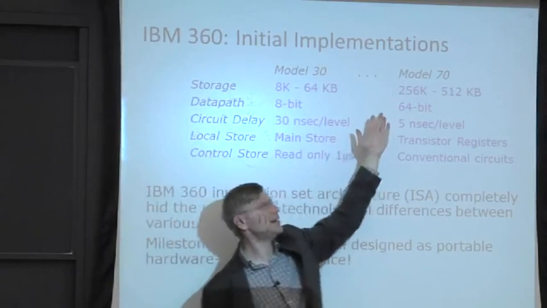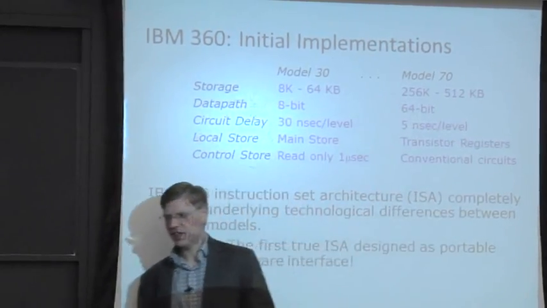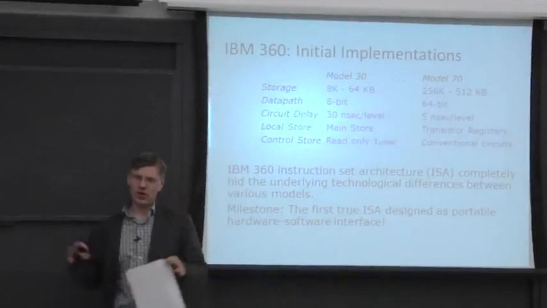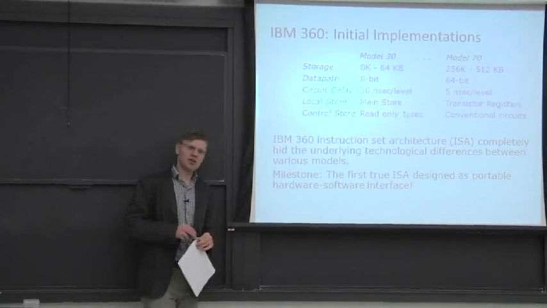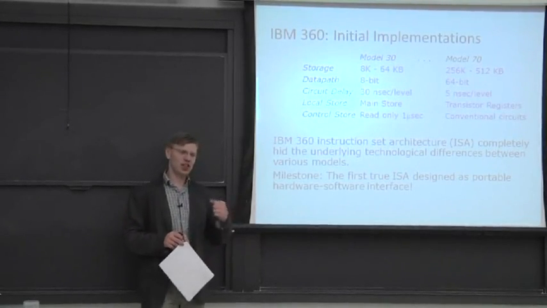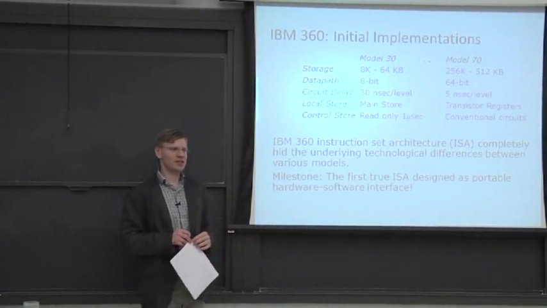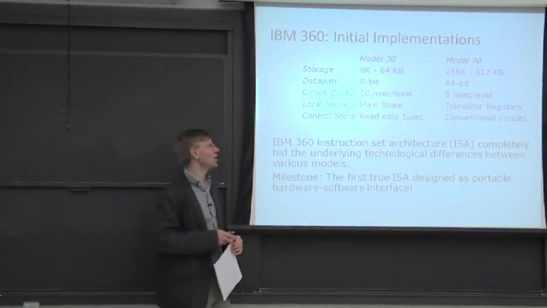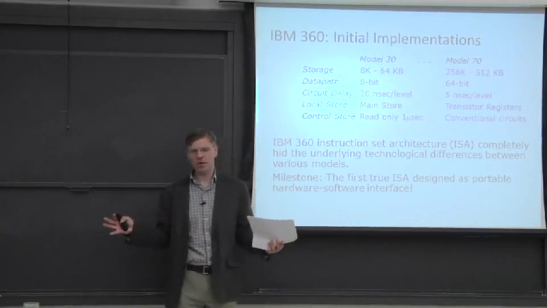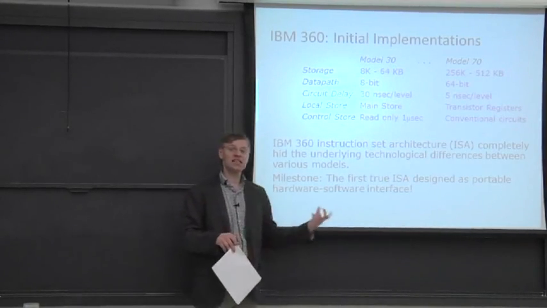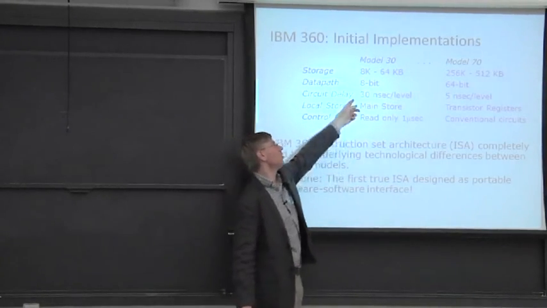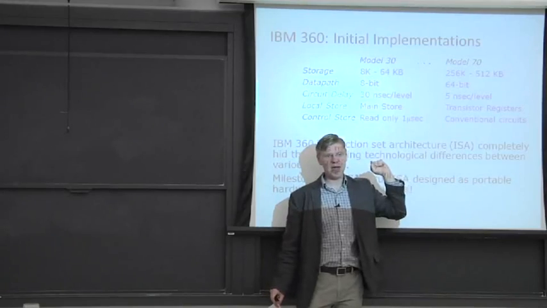And the high-end model had between 256 and 512 kilobytes. So very, very different sizes. What I'm trying to get across here is that microarchitecture can change quite a bit, even though the architecture supports 64-bit adds and additions, you can implement different sized data paths. So in the low-end machine, they had an 8-bit data path.